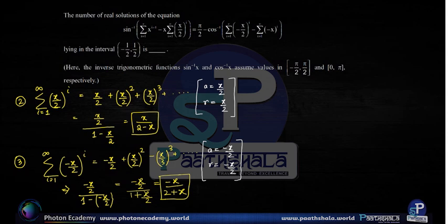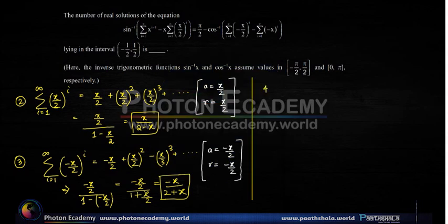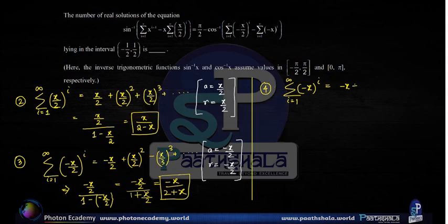We'll write the fourth term here. The fourth term is equal to summation i = 1 to infinity of minus x to the power i, which is equal to minus x plus x square minus x cube plus x to the power 4 and so on.